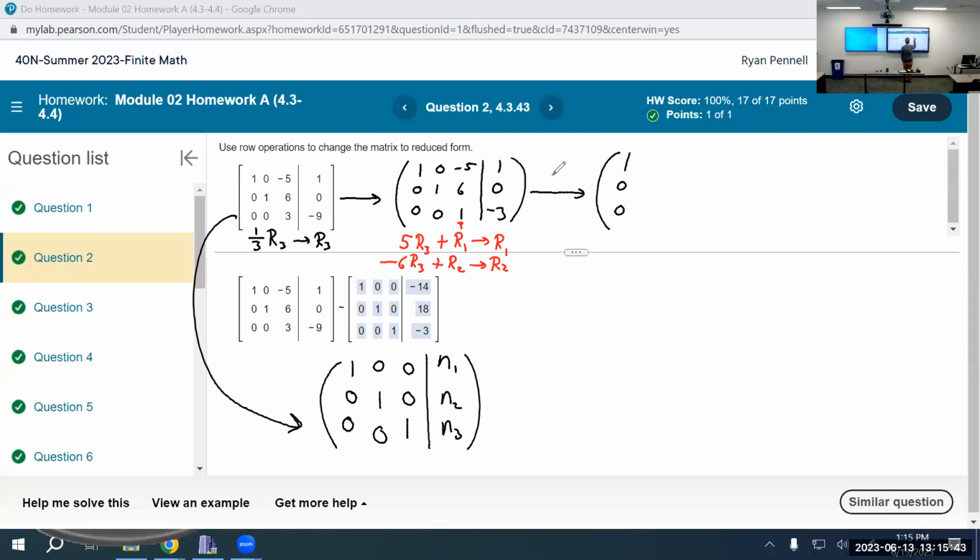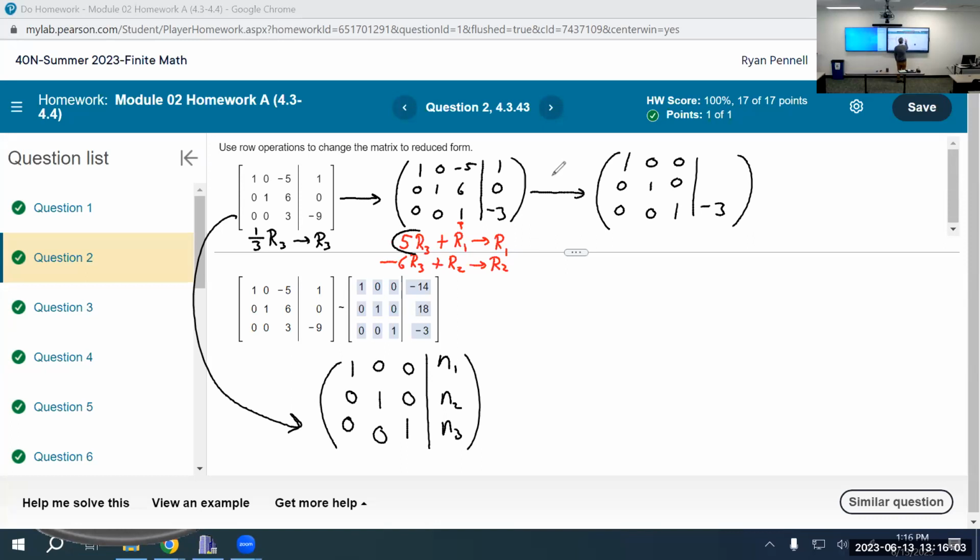1 0 0, 0 1 0, 0 0 1, and then that would still be -3. Okay, so let's talk about row 1. I guess I'll use my vanishing pen.